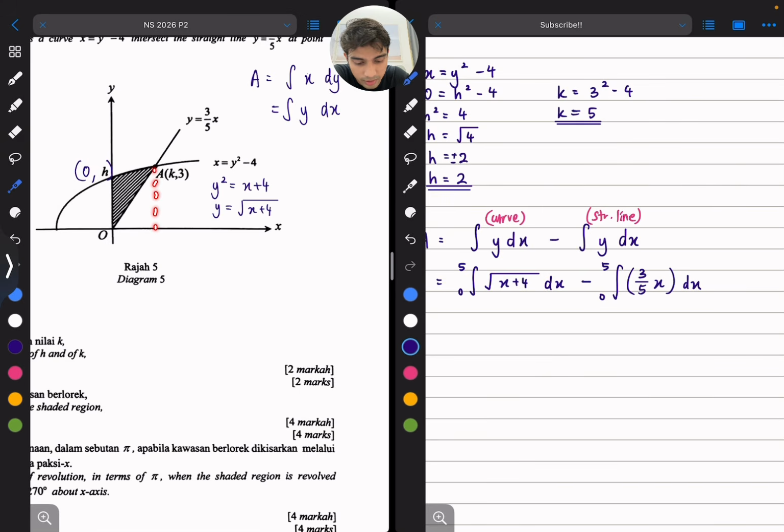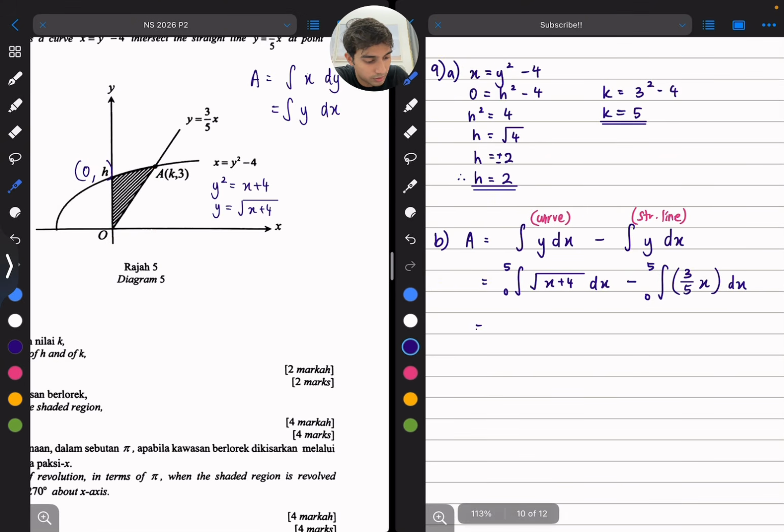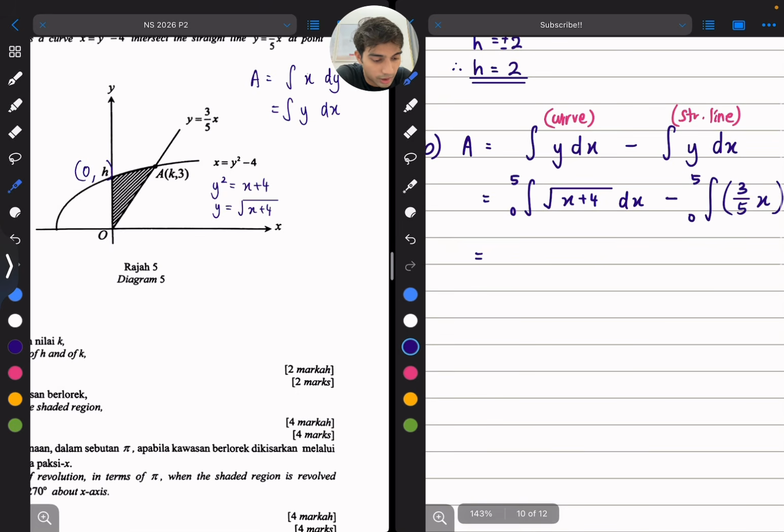Same limits. Then we continue. So here we have square root. The easiest way to integrate is by changing it to a power. The square root is power 1 over 2. So we can write this as power 1 over 2.